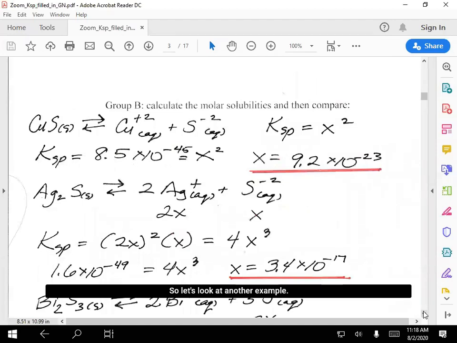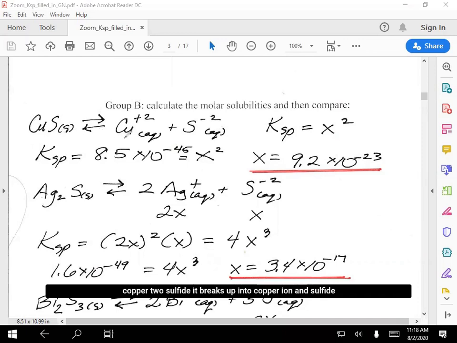So let's look at another example. Now, this case is our group B. And so we're going to have to, again, set up the equation here, the reaction. So this is our copper 2 sulfide.